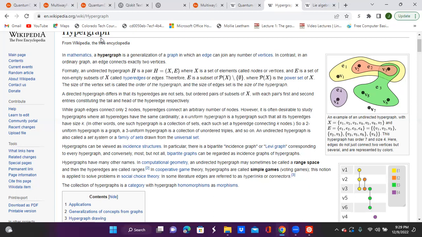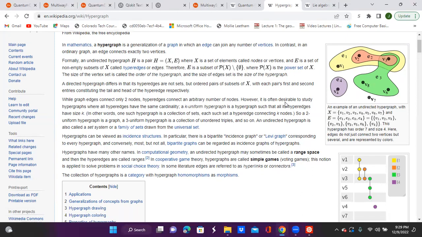Therefore, E is a subset of P(X), where P(X) is the power set of X, and the size of the vertex set is called the order of the hypergraph. The size of the edge set is the size of the hypergraph. A directed hypergraph differs in that its hyperedges are not sets, but ordered pairs of subsets of X.